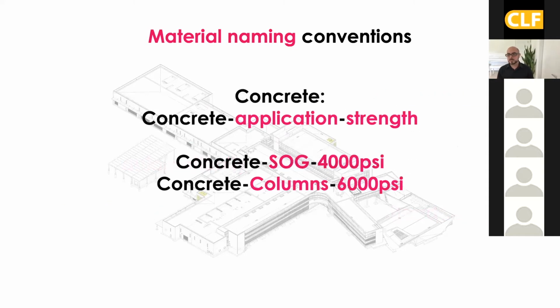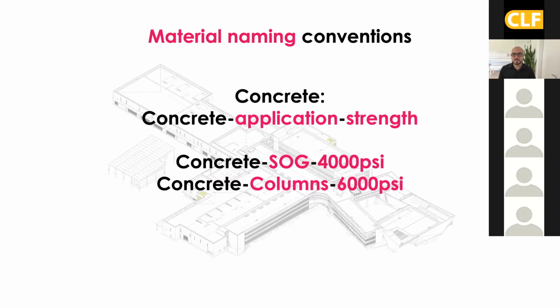I'll go through a few materials that might be either high impact or important in terms of how we manage them. Concrete, I keep mentioning concrete because it's a really high impact material. For naming, the strategy that we use is, let's say, concrete dash application dash the strength that we use. Now, typically before doing LCAs, we would just say concrete, and then all the concrete within the building would be just one material and really hard to assign within Tally.